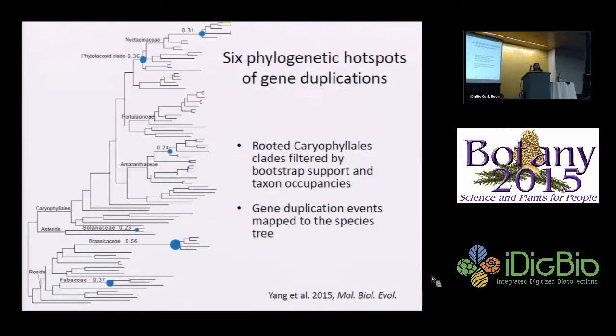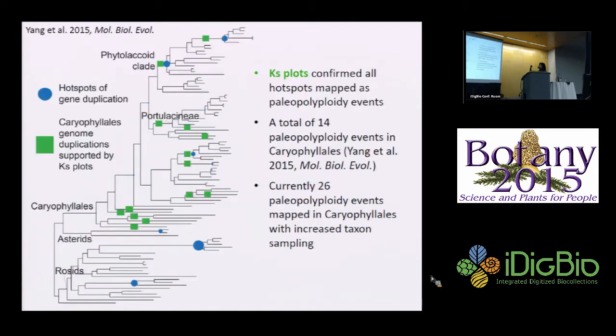And we also mapped gene duplication onto the species tree. We found 6 hotspots of gene duplication. 3 of them are known genome duplications from the outgroup in eudicots, and 3 of them are within the Caryophyllales. We further went ahead to the synonymous distance plots.